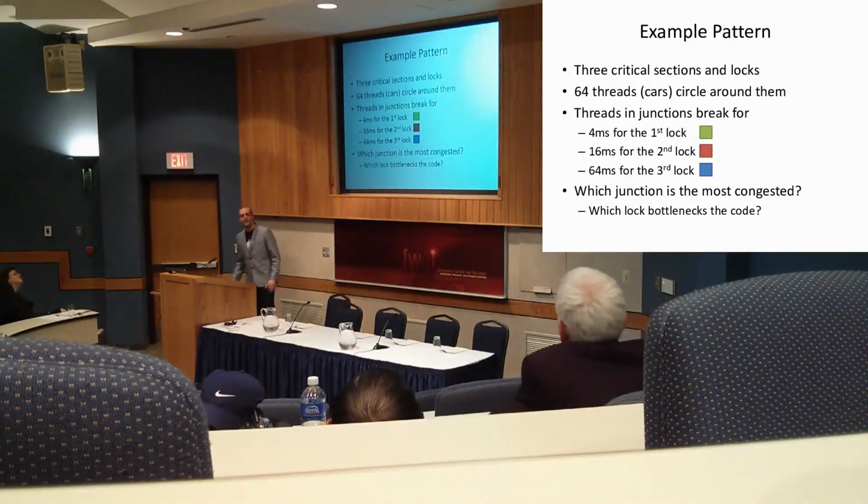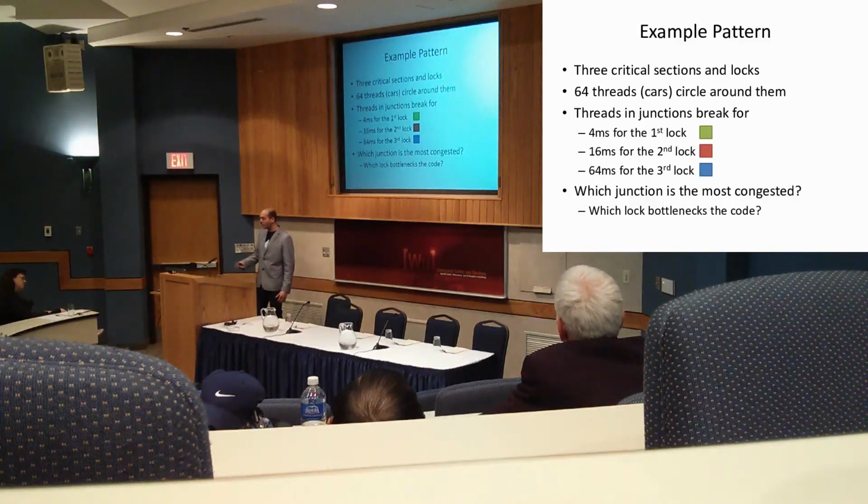So let's see an example. Suppose we have 3 critical sections that are being protected by 3 JUC locks. We have 64 threads, which are the cars for our analogy, and they go around it all the time. There's a little bit of a difference: the junctions are causing different braking times for our threads.